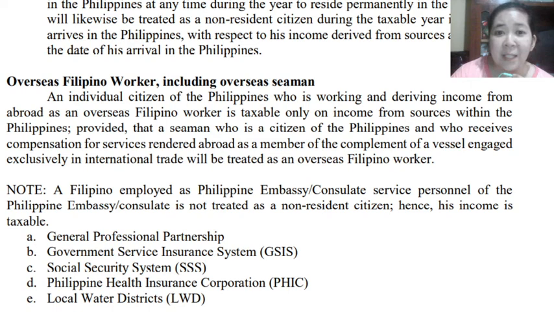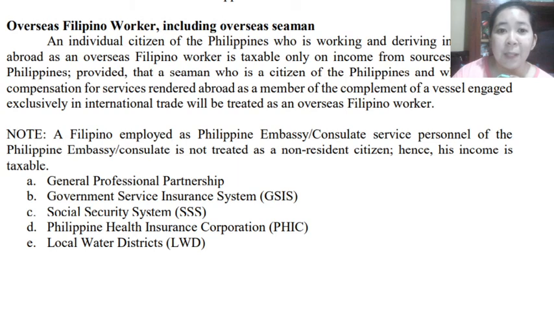Provided that a seaman who is a citizen of the Philippines and who receives compensation for services rendered abroad as a member of the complement of a vessel engaged exclusively in international trade will be treated as an overseas Filipino worker. So meaning, those seamen whose vessel is engaged exclusively in trading internationally will be treated as OFWs as well.